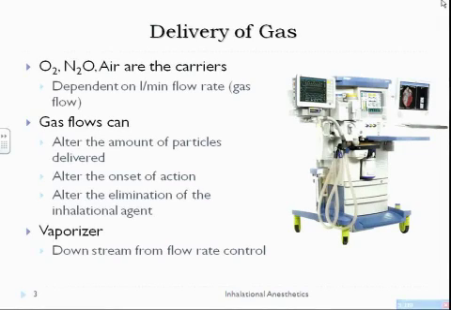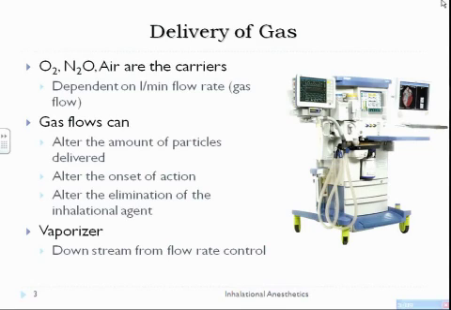Now, the gas flows can actually alter the number of particles that you deliver. The more rapid the flow, in other words, the more liters per minute that I'm delivering, the more particles are going to hit you per second. So that person is going to go to sleep more quickly. It also determines the onset of action because there's dead space.